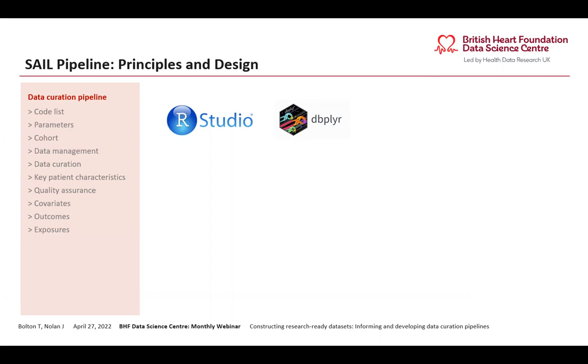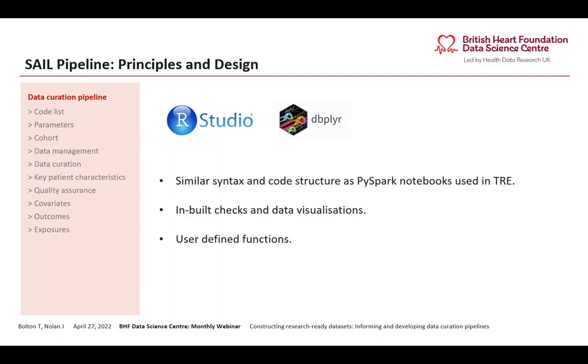These packages have similar syntax and strengths to the PySpark Python that is being used in the NHS Digital pipeline that Tom has just described, and so allows for the pipeline to be written in the same way and with the same inbuilt outputs, checks, and data visualizations, and also allowing for the same development of user-defined functions that Tom described.